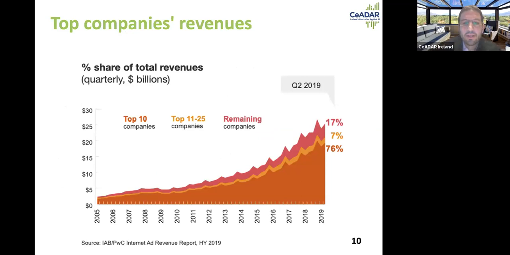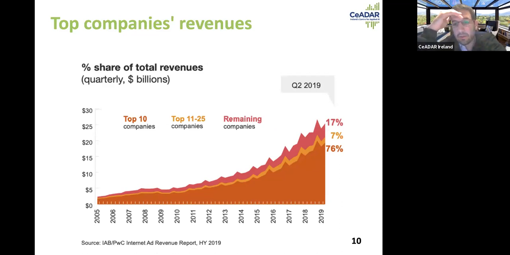So here is a very interesting plot. There is a company called IAB, which is the Internet Advertising Bureau, an organization that every year creates a report of the online advertising landscape, and it's very interesting because you can see the evolution and all the trends.